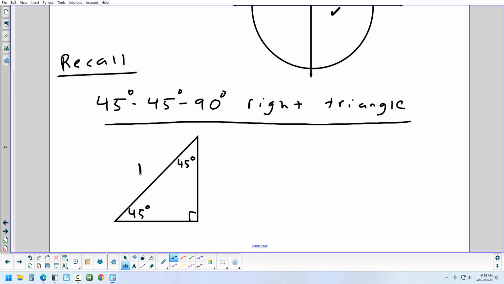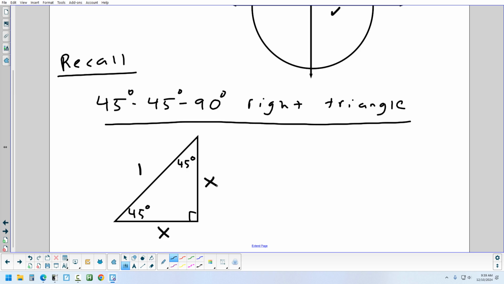They're equal. So we're going to pick a variable, but don't pick two variables, pick one, because they're the same. It doesn't matter which letter you use, but pick a variable and use that to represent both sides. If these angles were different, then all the sides would be different, and we couldn't do what we just did right there.